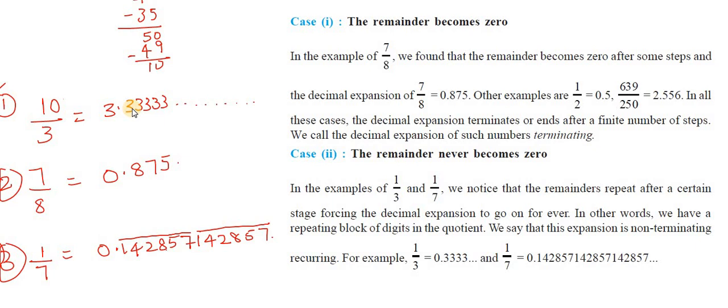Why? Because here this is 3.333, here 3 is recurring, and you can write this as 3.3 bar, because after the decimal this 3 is repeating. And here also you can write 0.142857 bar, because this bar indicates that these digits will repeat cyclically.